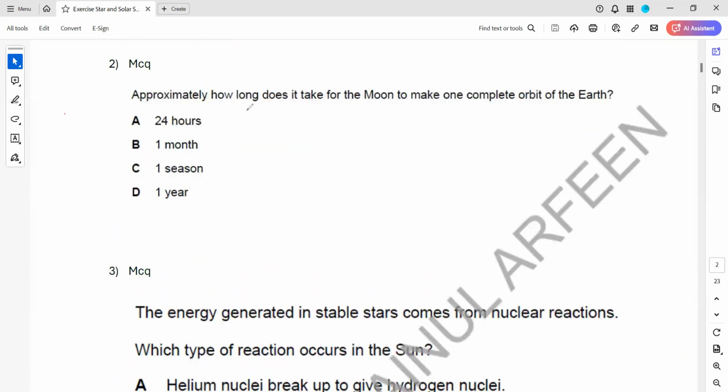The next question, approximately how long does it take for the moon to complete one orbit of the Earth? So what is the duration? Is it 24 hours, 1 month, 1 season, 1 year?